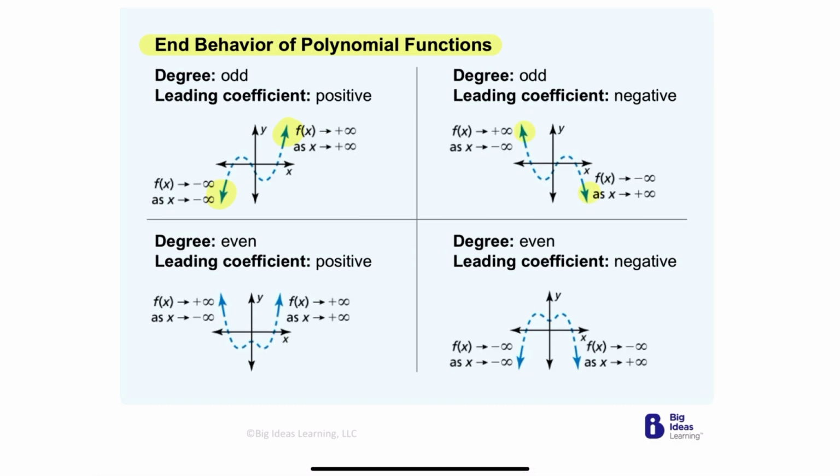We are able to predict whether the y values on the left side or the right side will be approaching negative infinity or positive infinity, strictly by looking at the degree and the leading coefficient.